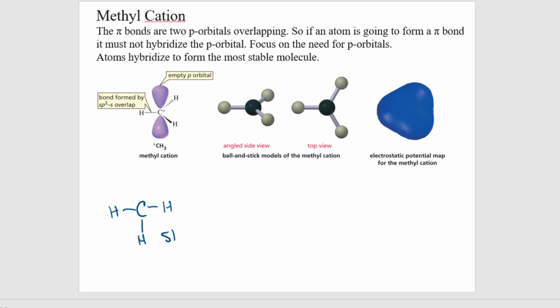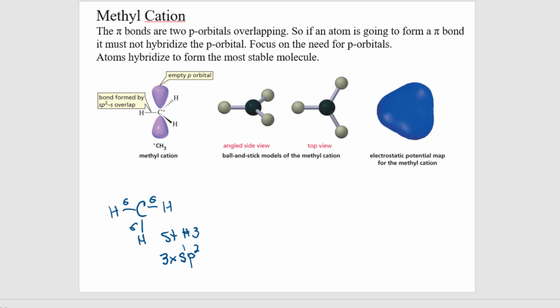So its steric number is 3. So that means I want to use sp2, right? 1 part s, 2 part p. I'm going to use 3 of these sp2 orbitals to make each of the sigma bonds for the CH3.